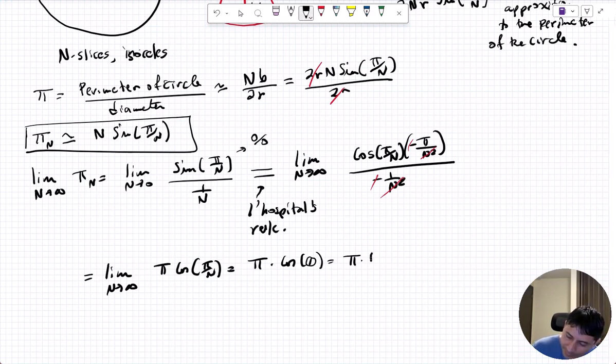Which is equal to pi times 1. So indeed, the limit as capital N goes to infinity of pi sub n is indeed equal to pi, which is something that we expected. And then we have a formula that approximates pi in terms of the sine function. Now, sine is a transcendental function, which is another function that's difficult to calculate.